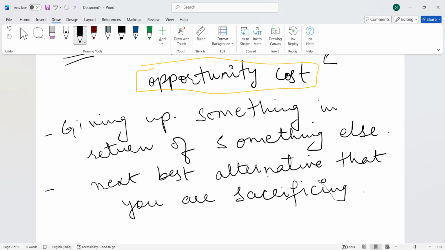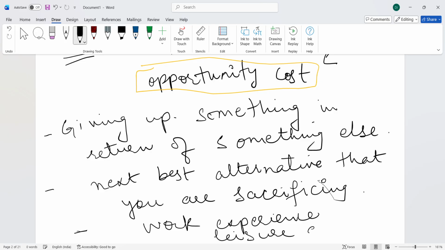So, going back to the examples, if I ask you, you all would be attending college. So, what is the opportunity cost of attending college? It would be different for each student. Some would say the opportunity cost for me is sacrificing work experience. Others would say it would be the leisure time, the leisure activities.